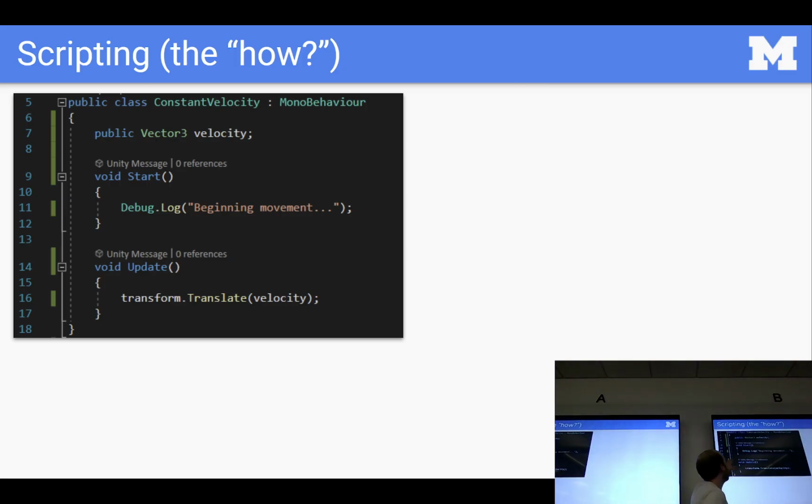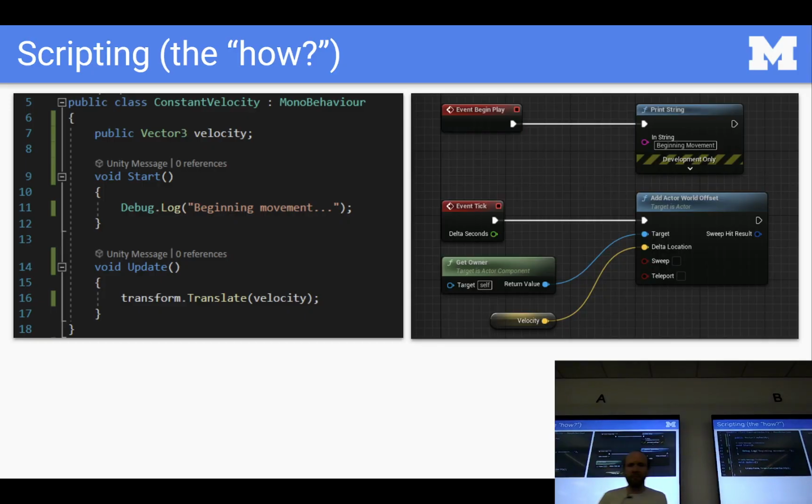Here we have some life cycle functions, we call them. We'll talk more about these later. A start function that will automatically run when the game starts. An update function, which will automatically run every frame of your game. And we can put some of our own code into these functions to have the game engine react in a certain way. Over here we have blueprints, and it's the same thing. It looks different, but it's the same.